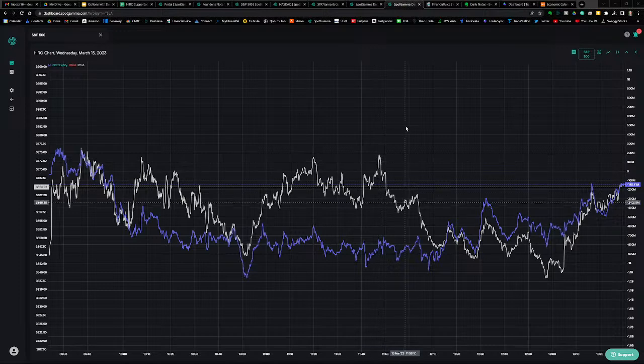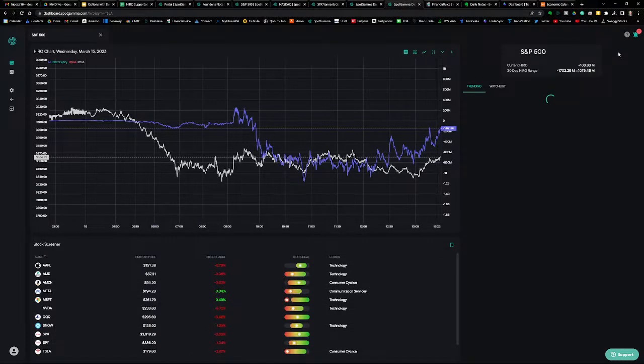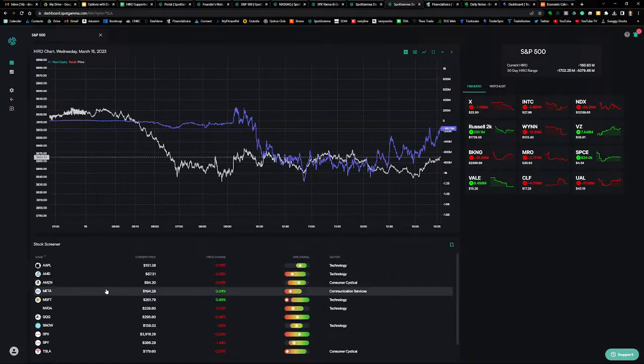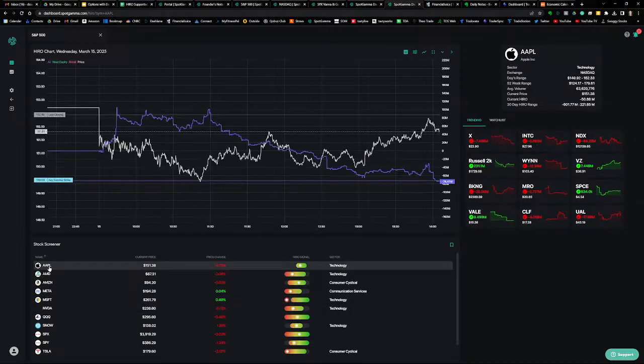So I'm watching this for just the hedging impact, and then I have the levels marked on my charts. Let's take a look at another symbol, and we can see if there were any levels in play.